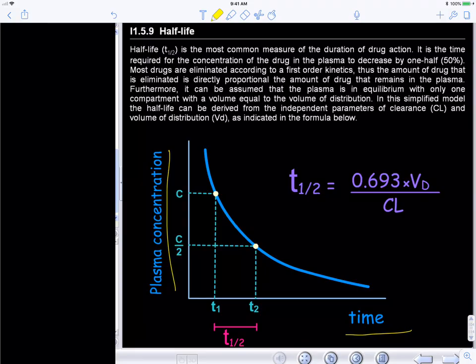The half-life can be calculated at any point in this curve. So the half-life is also equal to this formula where Vd is the volume of distribution and Cl is clearance. We haven't gone through the volume of distribution in this class, but basically it's a measure of the volume to which the drug is distributed, and in turn reflects whether a drug is lipophilic or hydrophilic.